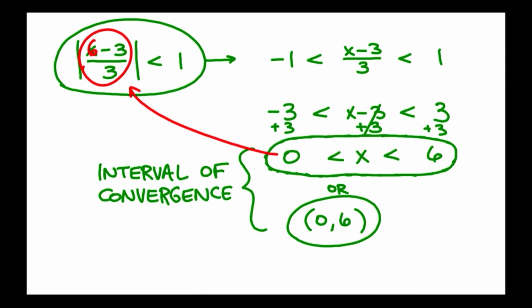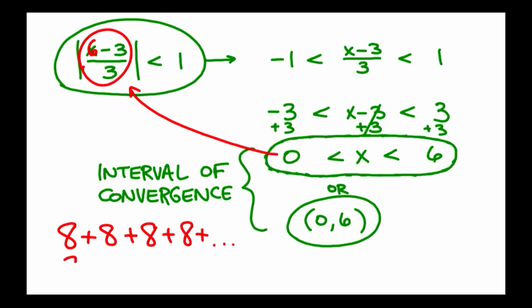I don't know, 8. Let's say you get a series, and you started with 8, and you kept multiplying by 1. Plus 8, plus 8, plus 8. That's not going to add up to anything other than infinity. That's going to diverge. It's not getting smaller.